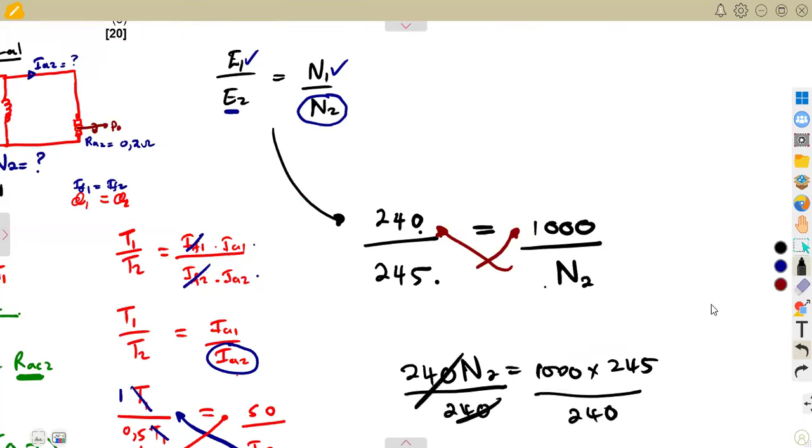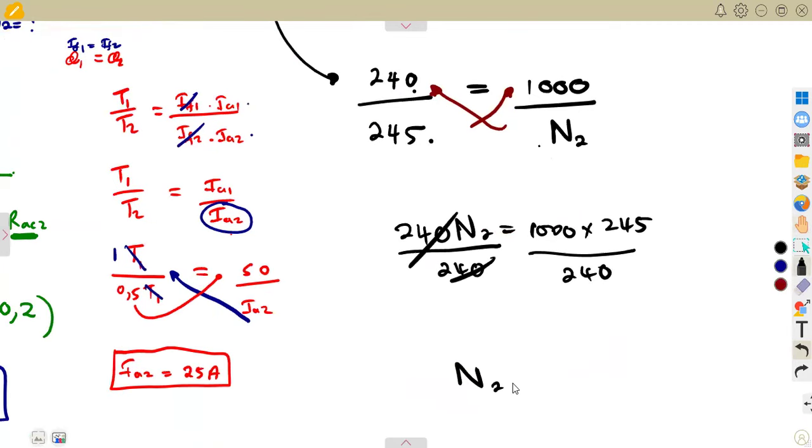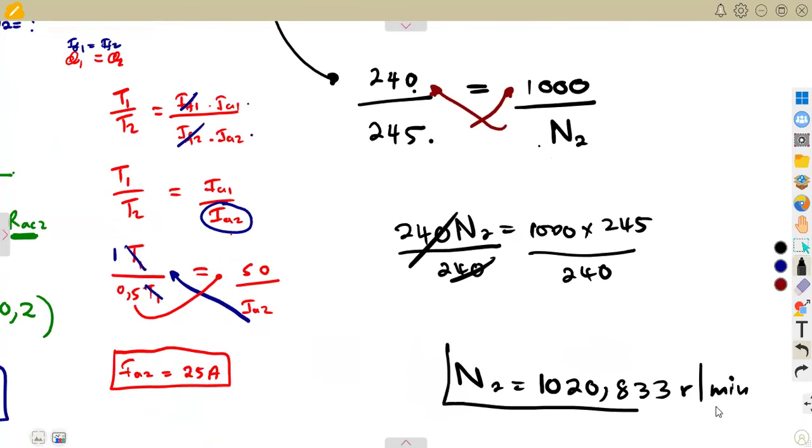So dividing by 240, we obtain the speed, which is N2, and that gives us 1,020.833 revolutions per minute. Just like the originally given speed was in revolutions per minute, our answer is supposed to be in revolutions per minute.